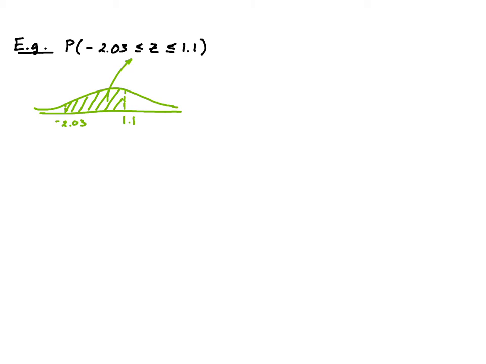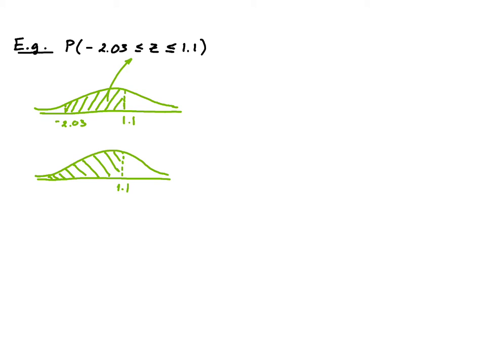Now if you draw the standard normal curve, right? And if this is 1.1, then if you look up 1.1 in the table, you get the area to the left of 1.1, right?